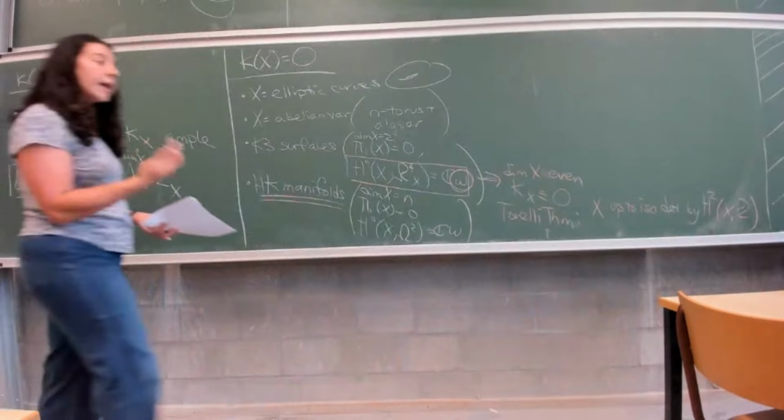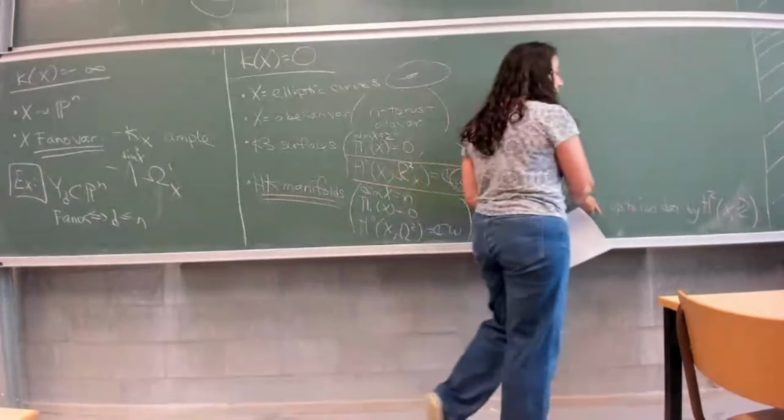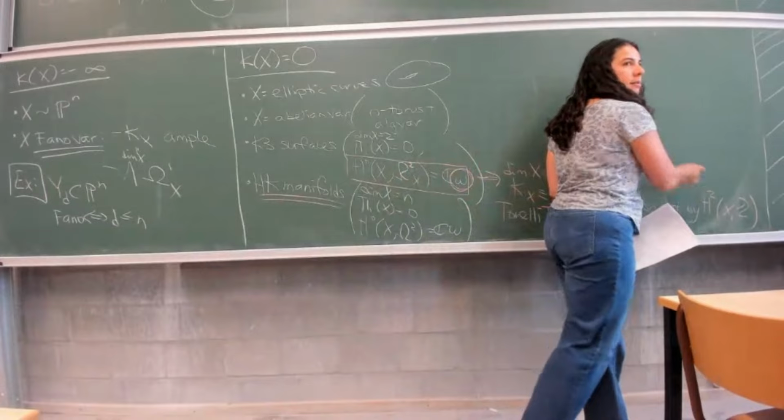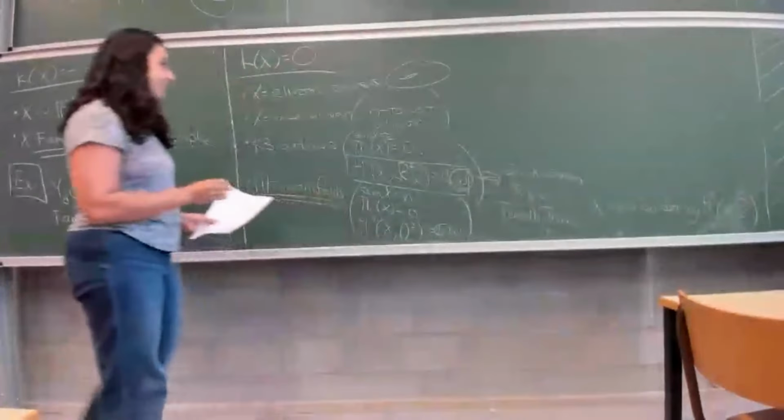Okay, so a lot about the variety itself can be read off by looking at this lattice.